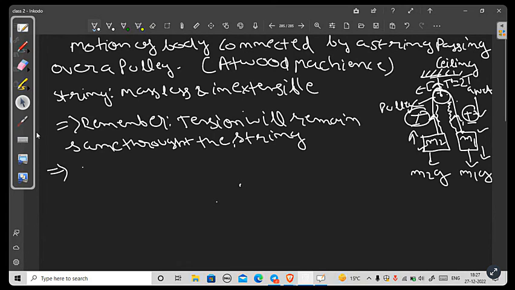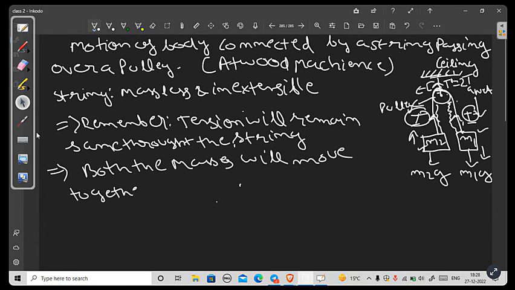And secondly, both the masses will move together as a system.